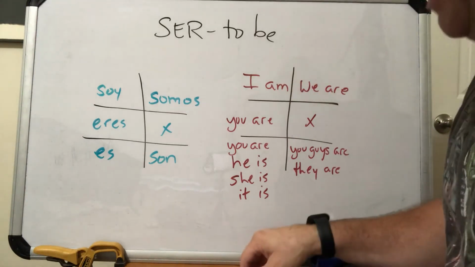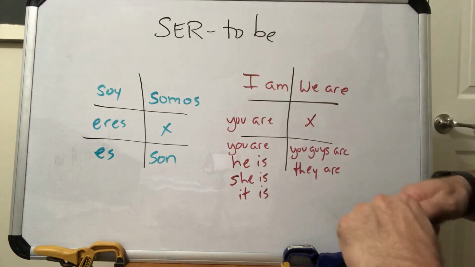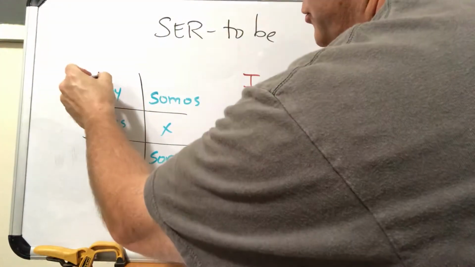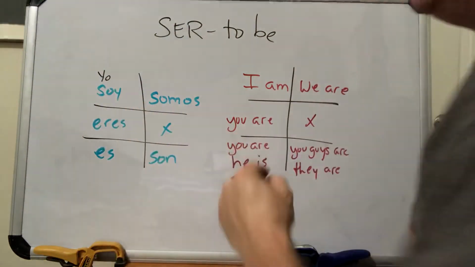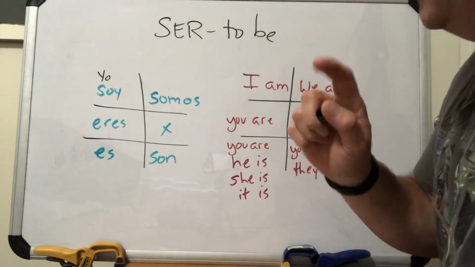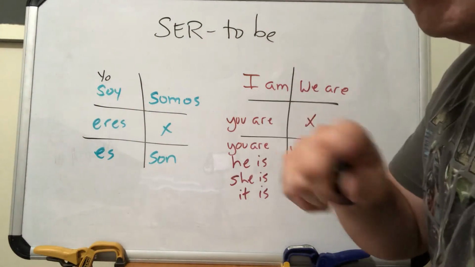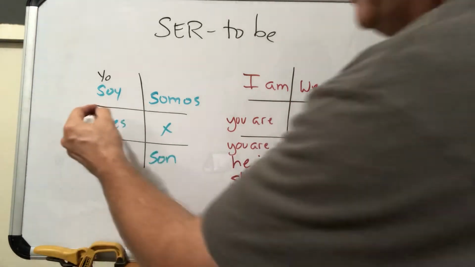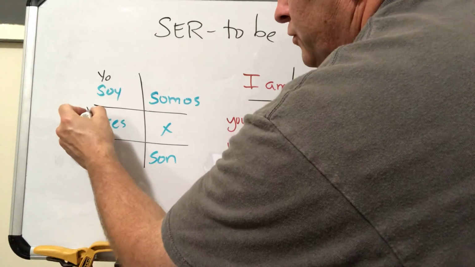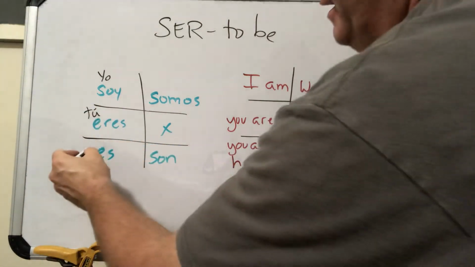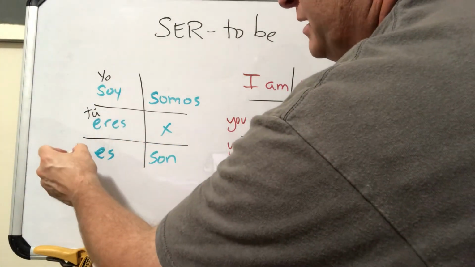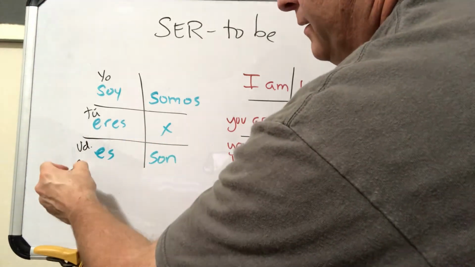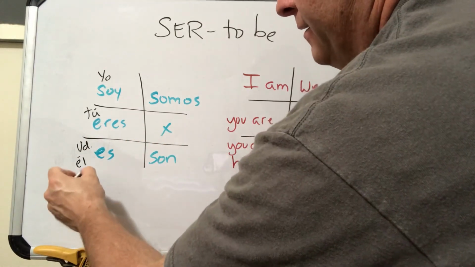Okay, so let's go back through, and we're going to write in my subject pronoun so you know which one it goes with. This one goes with yo. So yo soy. And I think we talked about that as well, where soy means I am, yo soy means I am, right? Yo is optional. Same thing with tú eres, you are. And then es could go with usted. That's the other way to say you are. Él and ella.